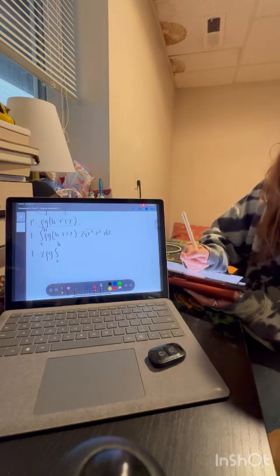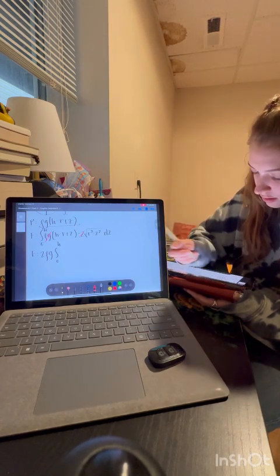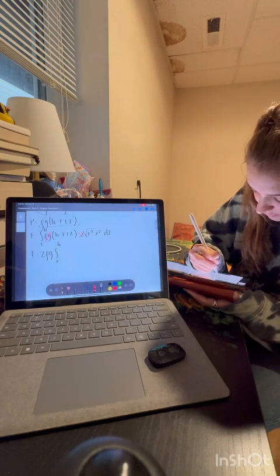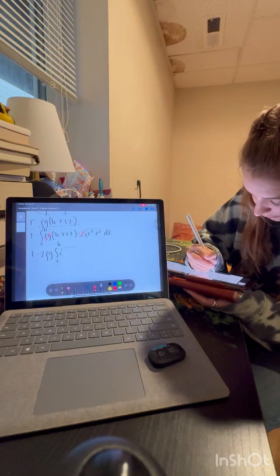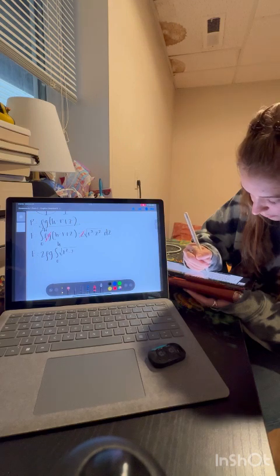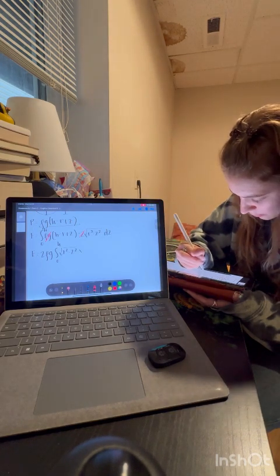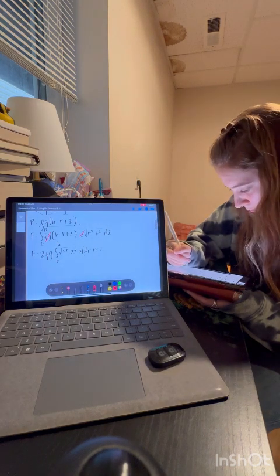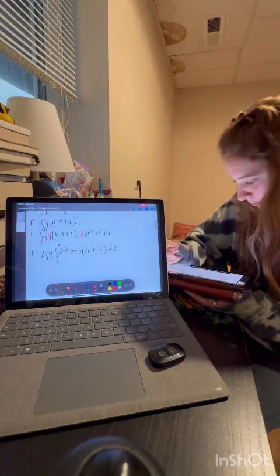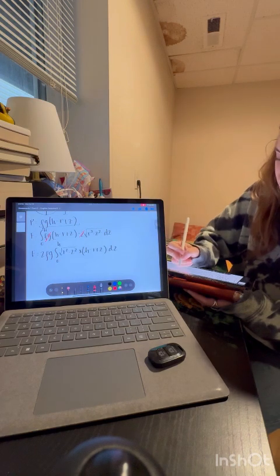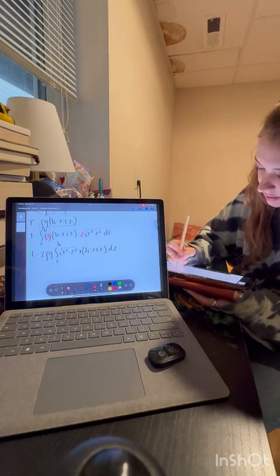I prefer to do that in red. And leaves us with our variables here. And that will be our final answer for this part.